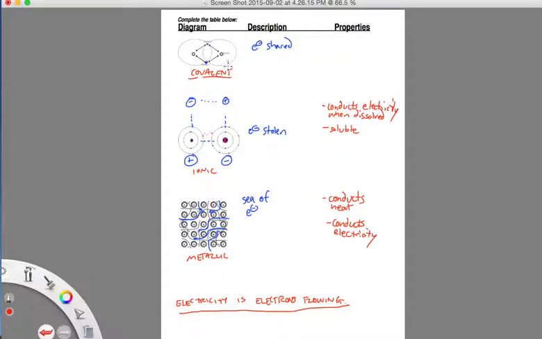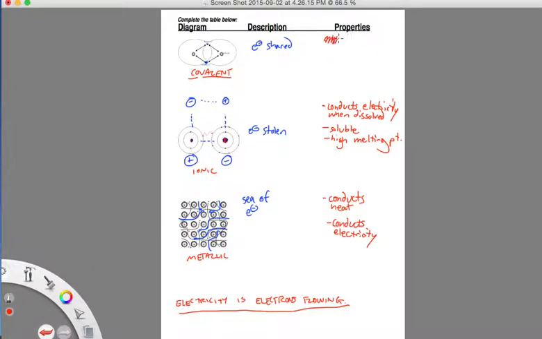So a high melting point would be a structure that is not broken down very easily. So this has a high melting point. It's pretty strong and sturdy. It doesn't get broken down by energy being put into it.